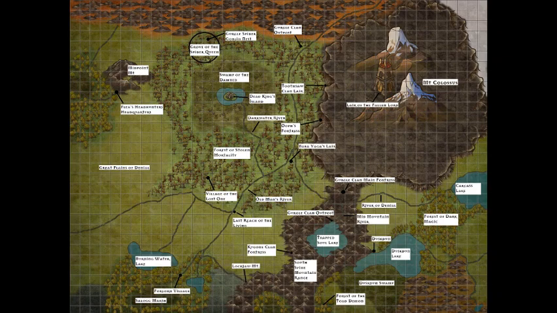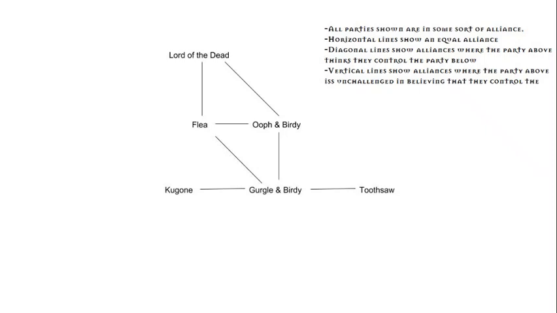So with so many political factions and different rivalries, how as a GM or DM would you be able to keep it all straight and work with all that? I was talking with Sean for a good bit after the last episode, and I came up with something that I think will help quite a bit, and that would be this.